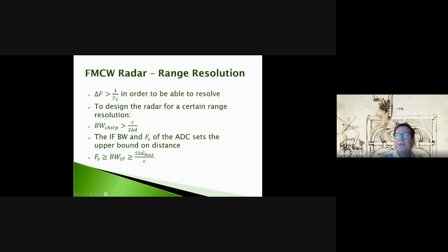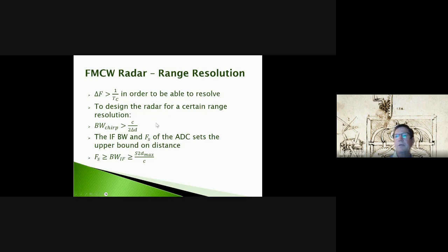Because remember that the bigger this Dmax is, the greater that frequency difference is going to be. But that tone still has to fit within that IF bandwidth, and it still has to be sampled without aliasing. So there's an upper limit, and then there's a resolution limit here. So we're starting to be able to relate system objectives.